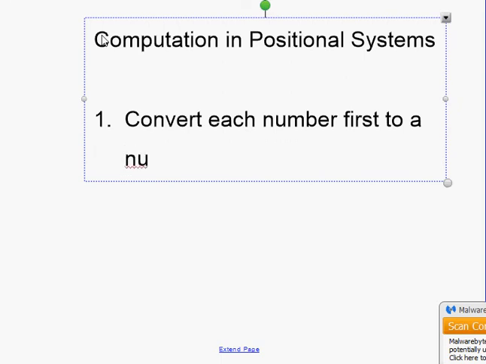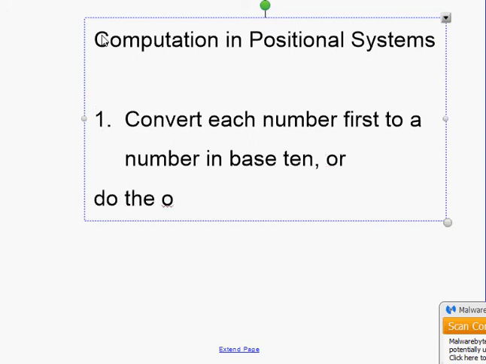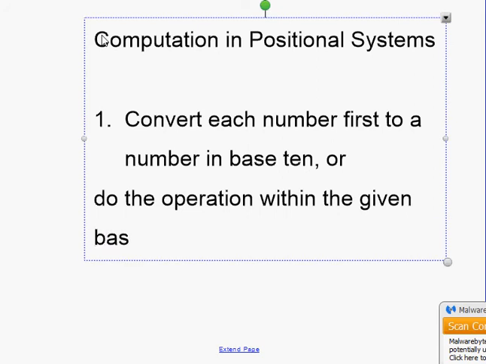This would become 1 0 1 base 4, because 2 plus 3 would be 5, but 5 is 1 in base 4, so we would write down the 1 and we would carry the 1. And then 1 plus 2 plus 1 is 4, which is 1 0 in base 4.